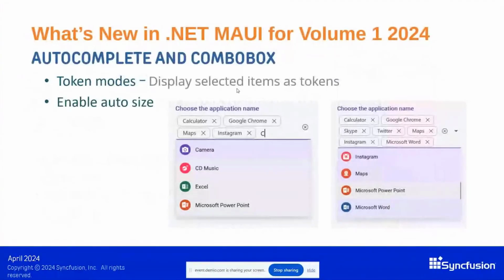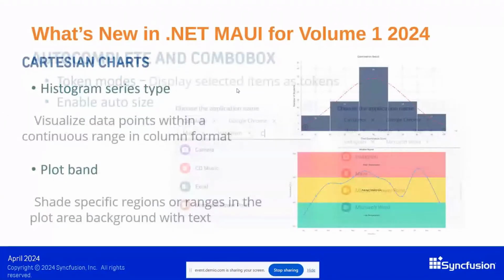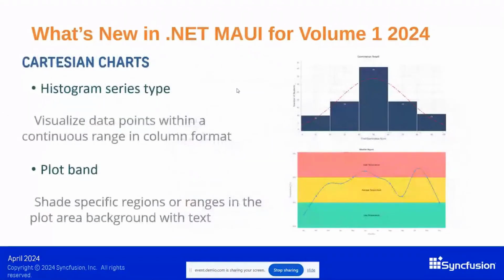So let me provide the details of features provided in the following controls. In autocomplete and combo box, we provided support to display selected items as tokens, and we have provided support to enable auto size based on its content. In Cartesian chart, we have introduced a new histogram series type, which is used to visualize data points within a continuous range in a column format.